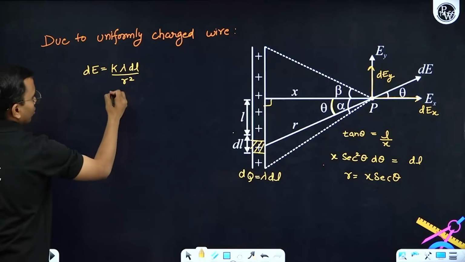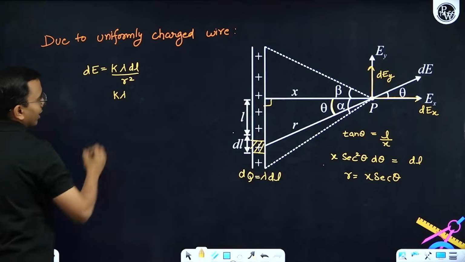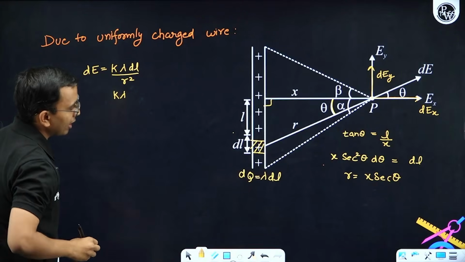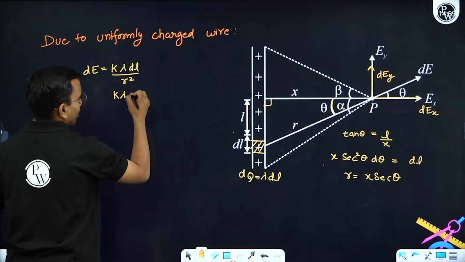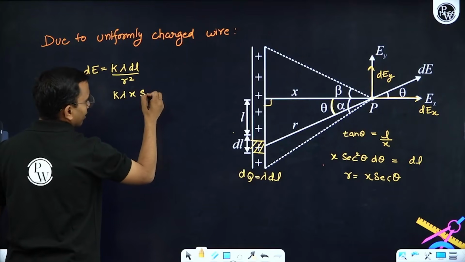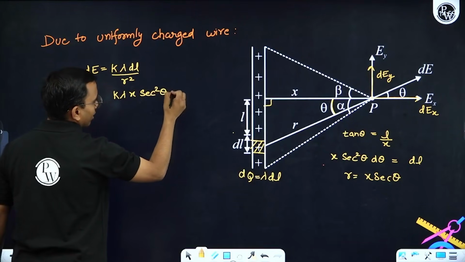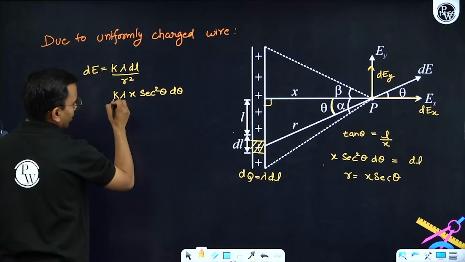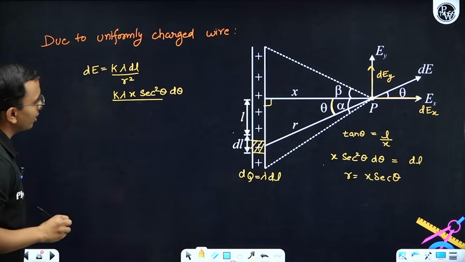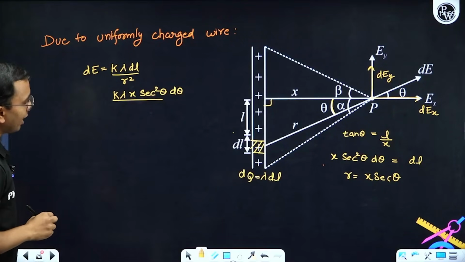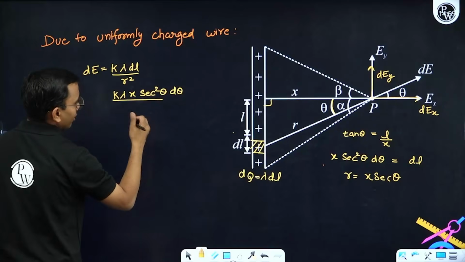Write it here. So k lambda into dl, which is x secant square theta d theta, divided by x secant theta square.